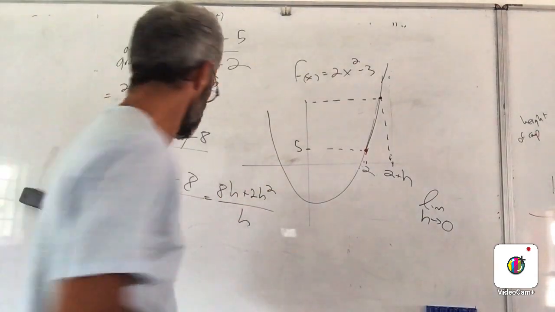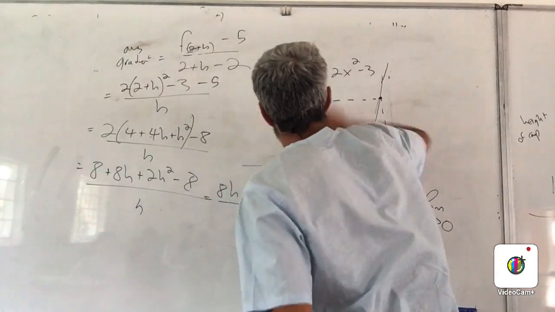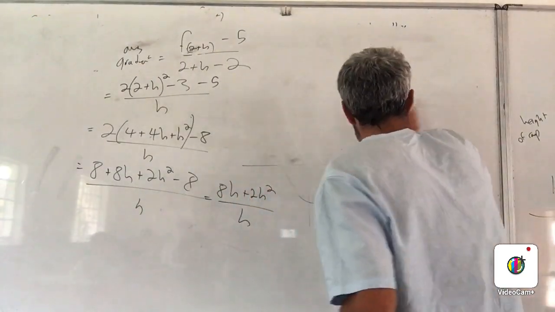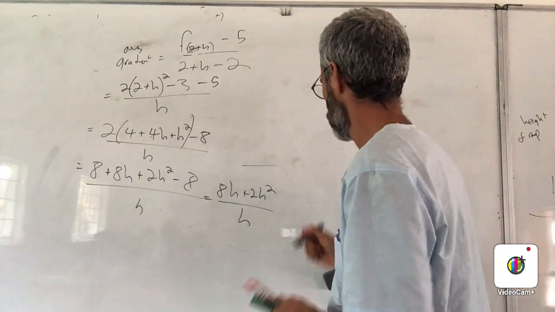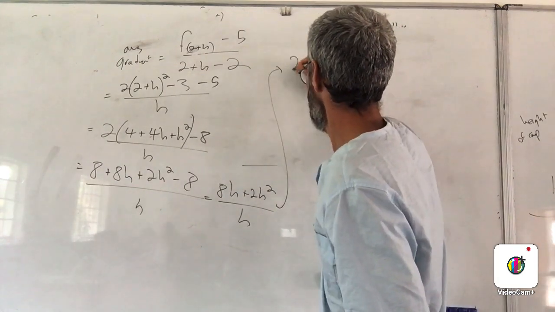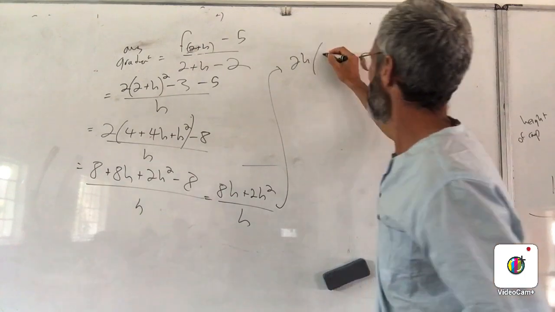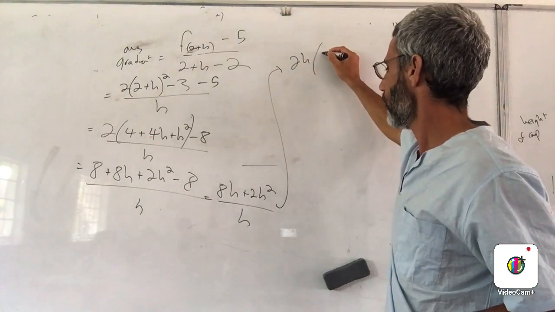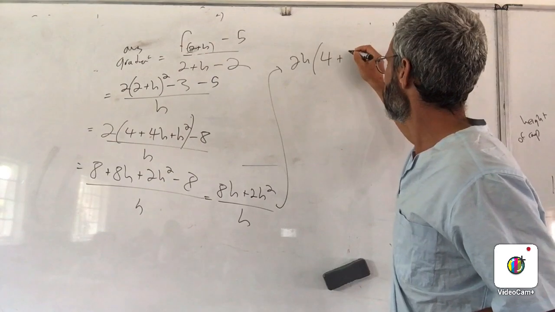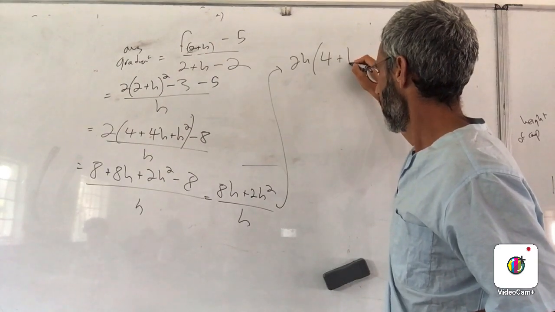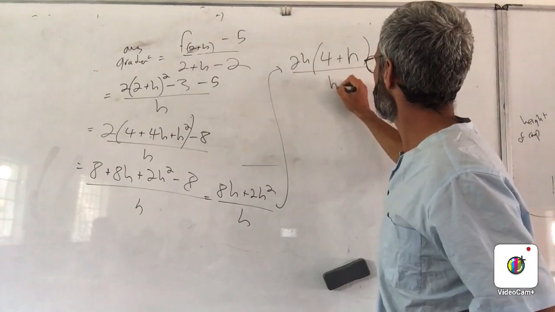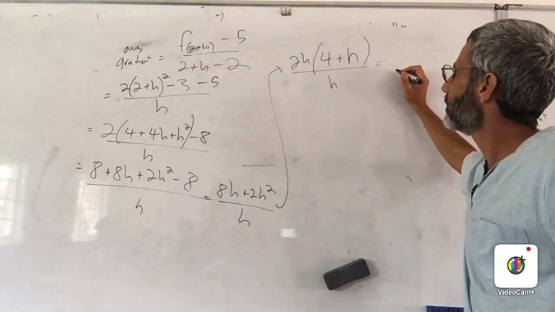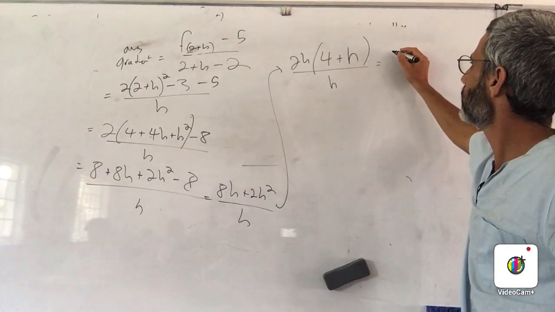Now, what do we take out? 2h. So we're going to take out 2h. So you're going to have 4 plus h, divided by h. What am I going to have here now?